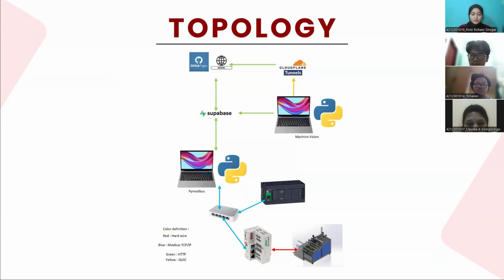Next, the laptop that uses Modbus reads the PLC, sends data and gets data from the Supabase. There is also another laptop used for machine vision to detect the operator.